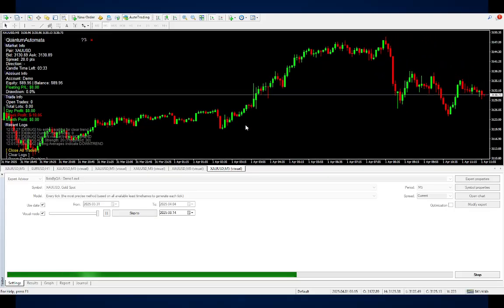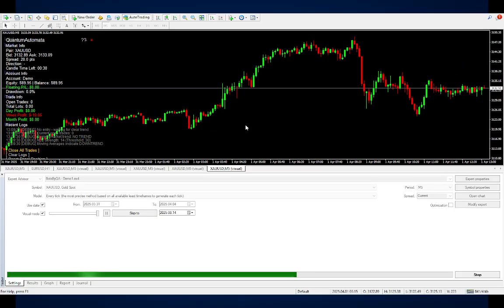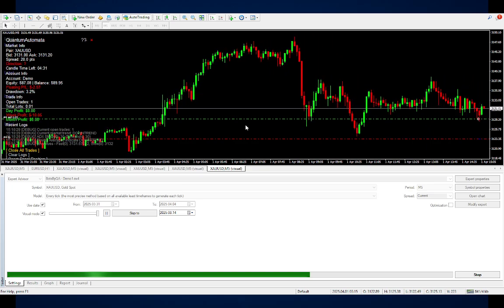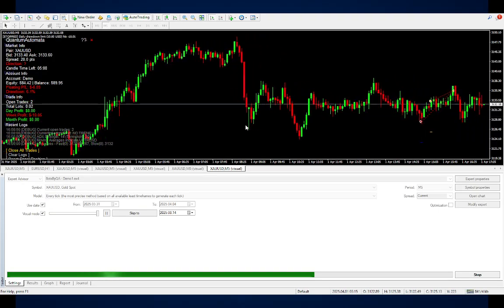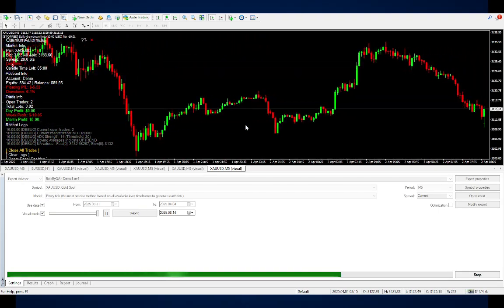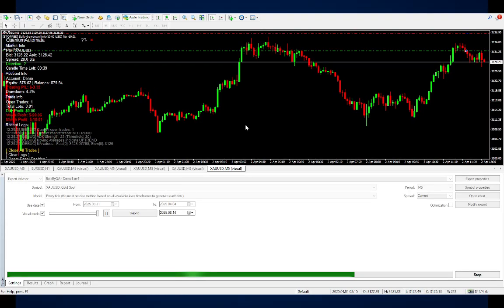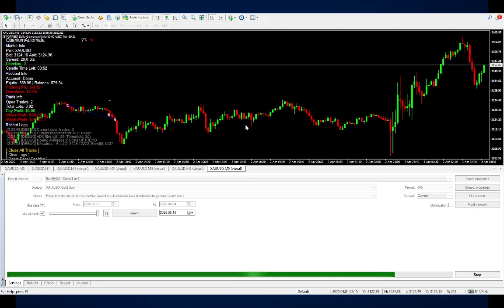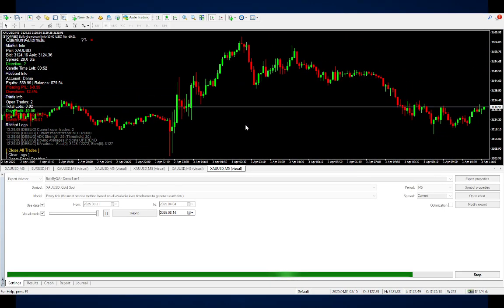I'm risking $10, and then it's gone the first time, second time. All right, second drawdown, third drawdown. Let's see. I guess it should recover this time around.